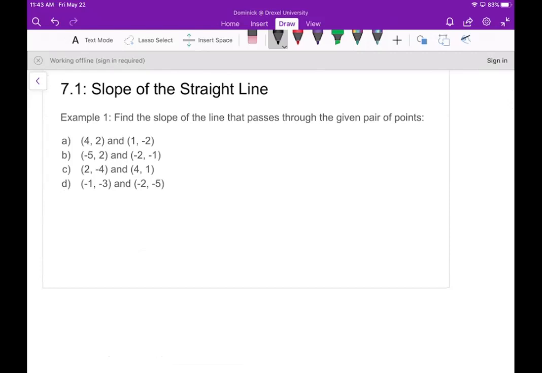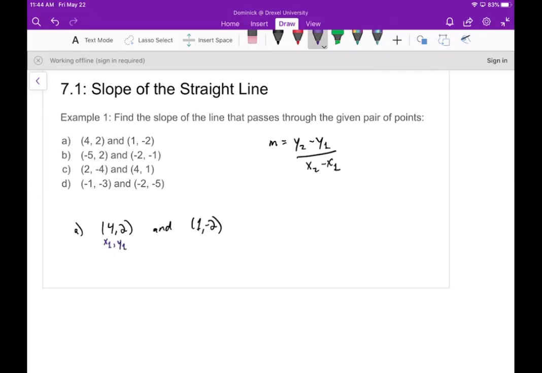Okay, so we're going to find the slope, which again is given by the formula y2 minus y1 over x2 minus x1 for a bunch of these examples. Okay, so in part A, we have 4, 2, and 1, negative 2. Okay, so I think it helps at least at first.